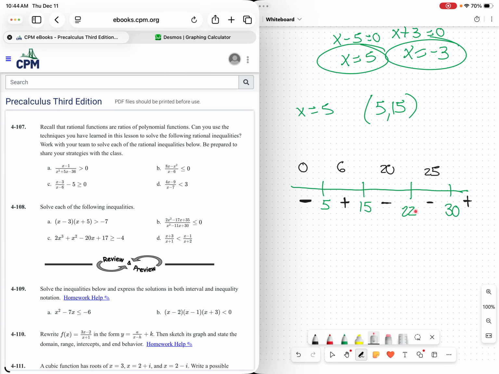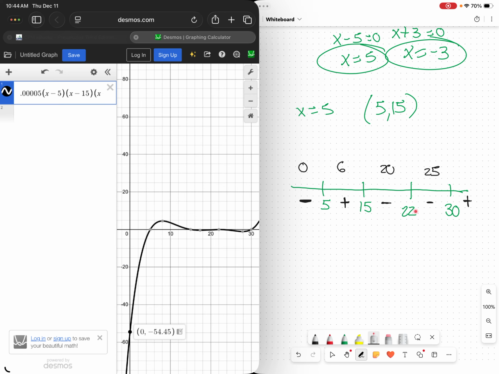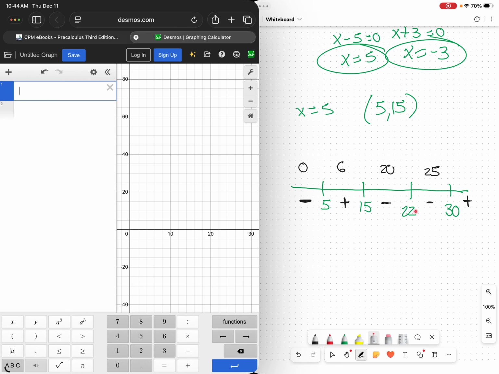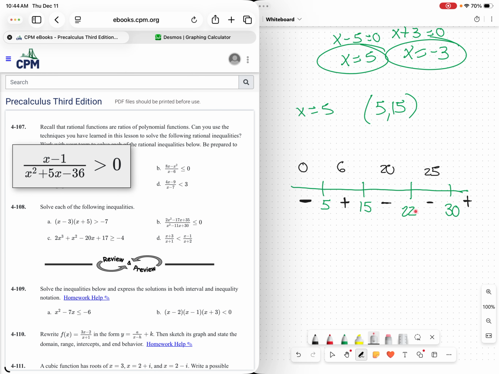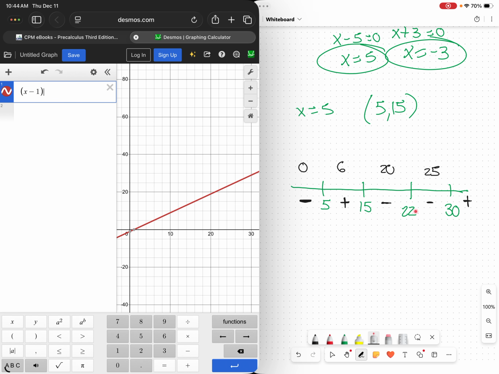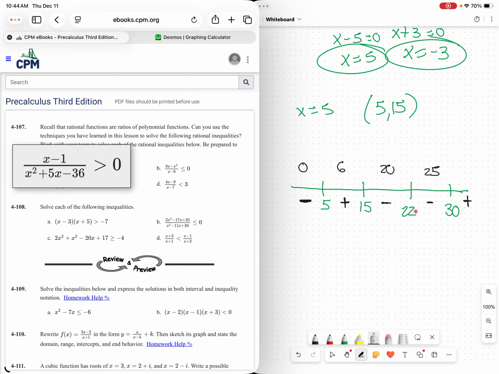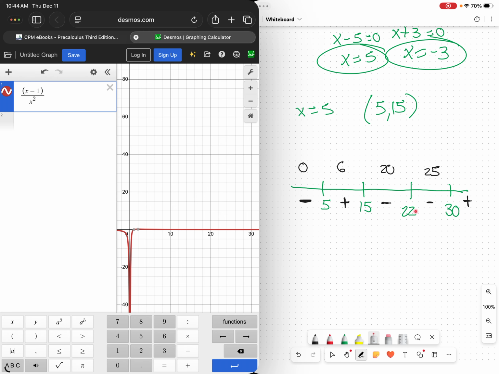So let's look at A here in Desmos. We'll do the best we can of graphing this. So we have x minus 1 divided by x squared plus 5x minus 36.